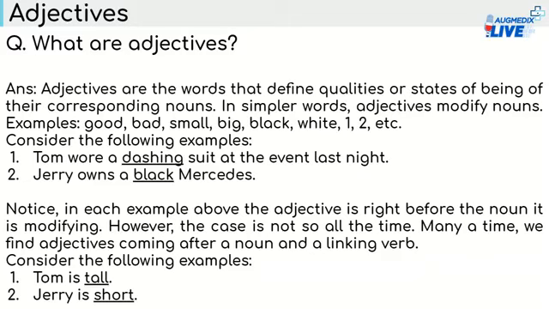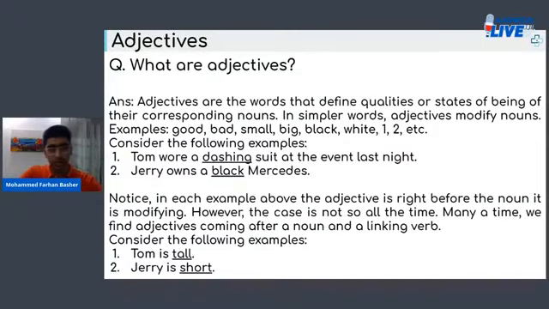Here, which is the noun that we are modifying? The noun is suit, right? However, what is the adjective that we have chosen to modify the noun suit? The adjective here is dashing. So when we say Tom wore a dashing suit at the event last night, we specifically mean the suit that he wore last night, maybe at an event, and that the suit looked quite dashing.